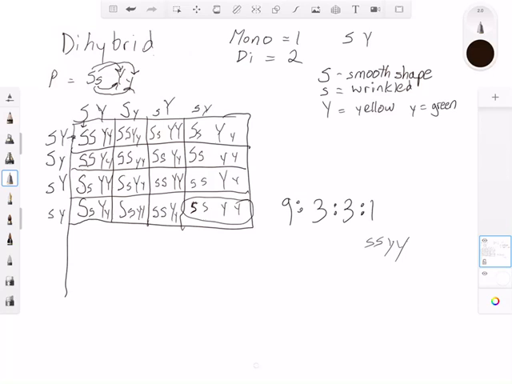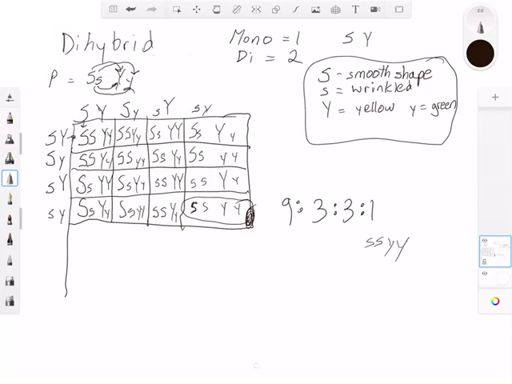You can see which ones are the 3s and which ones are the 9s just by looking at the boxes. And it's similar to a monohybrid. You just have to determine by looking at your key. So this one here would be a wrinkled green offspring.